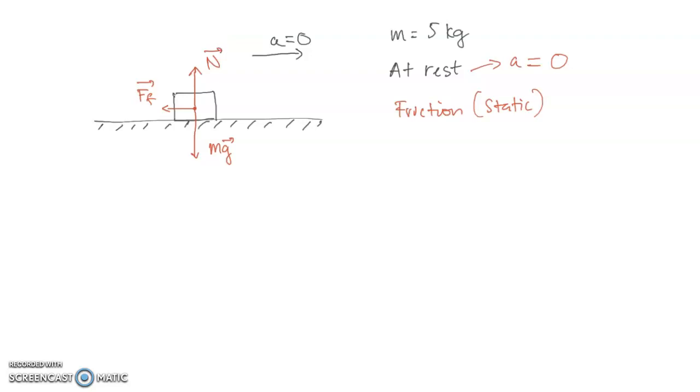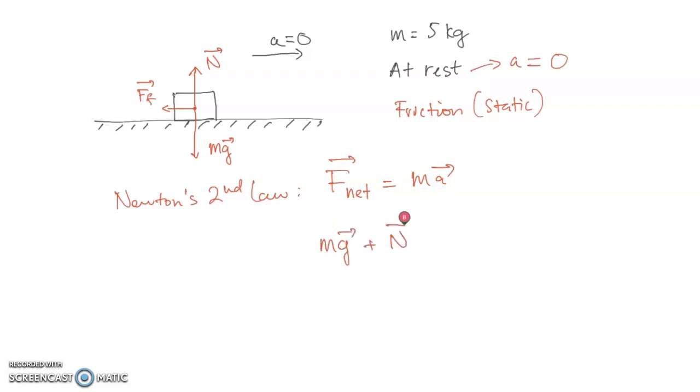Okay, so Newton's second law says that the sum of the forces, which is F net, equals ma. And then F net here would be mg plus normal force plus F friction, in this case static friction, equal to ma, and remember a equals 0 here, so that would be equal to 0.